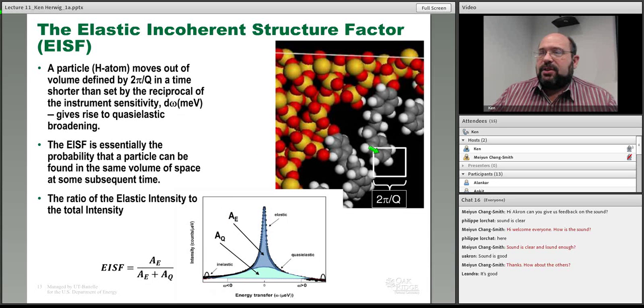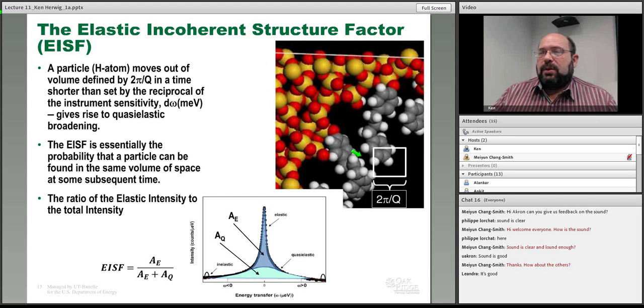So if you make this measurement with a very, very small q, then the box is very, very large. And if I made this box bigger than the size of the molecule that I have here in this simulation picture, then I'll always measure an EISF that's 1. I'll always measure all the intensity as if it were elastic, because the particle will never diffuse out of that box, no matter how long I wait, and no matter how good a resolution function I have in my instrument.